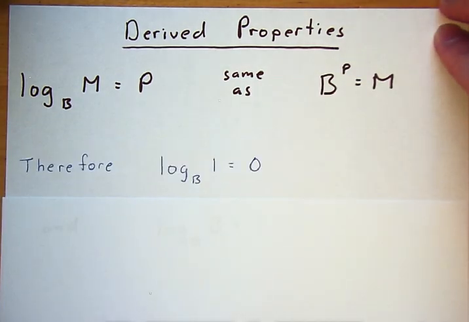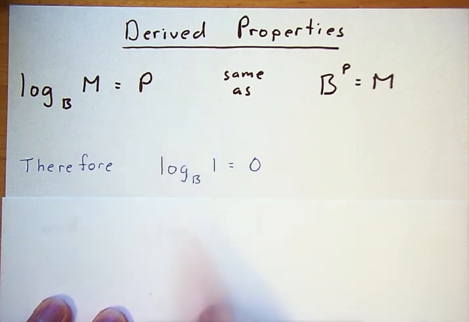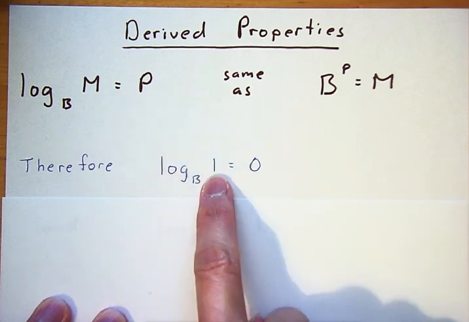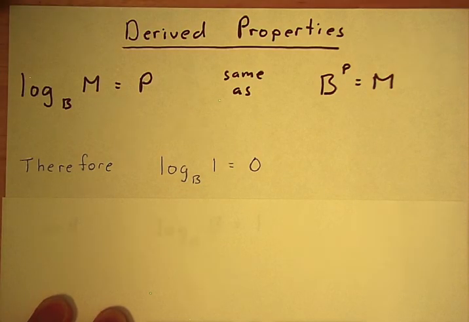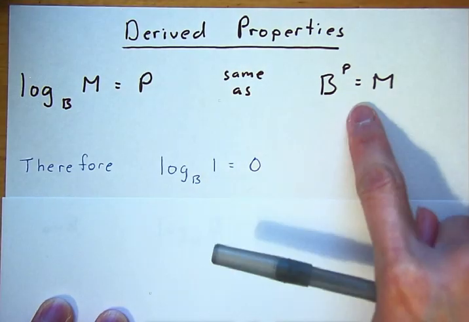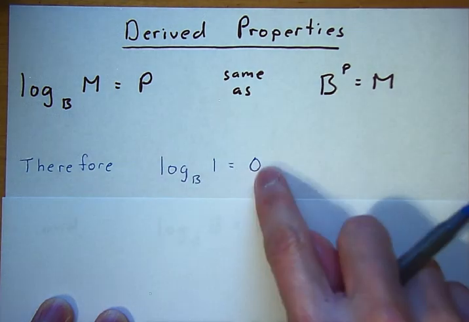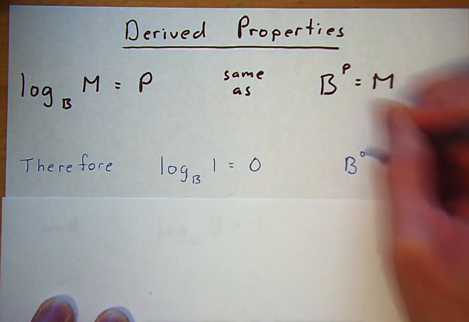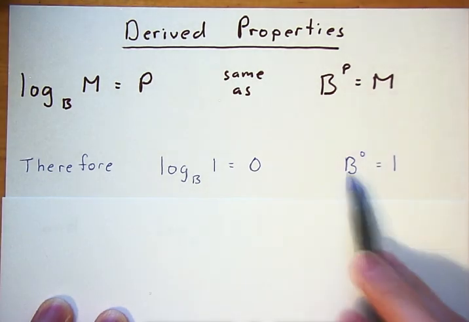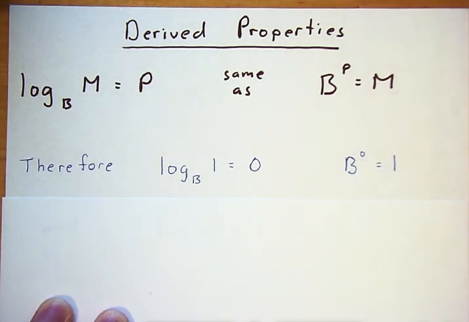But because this is true, log base b of 1 equals 0. That's because if I wanted to write this as an exponent, this would be b to the 0 power equals 1, and anything to the 0 power is equal to 1.